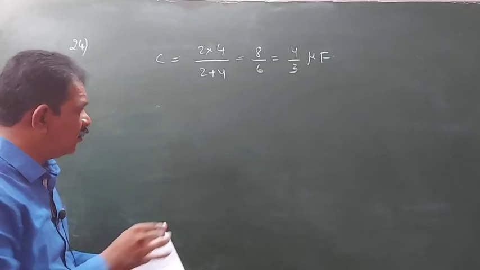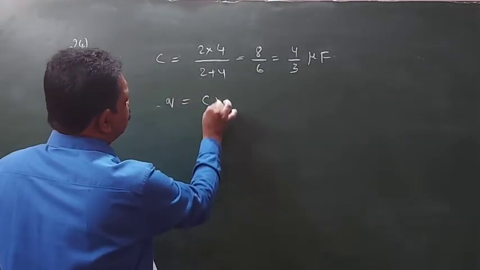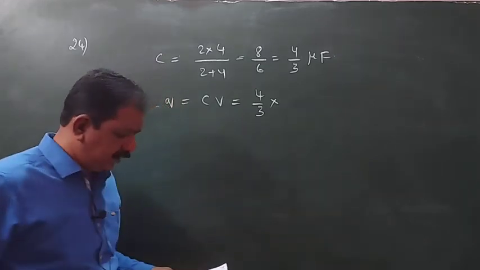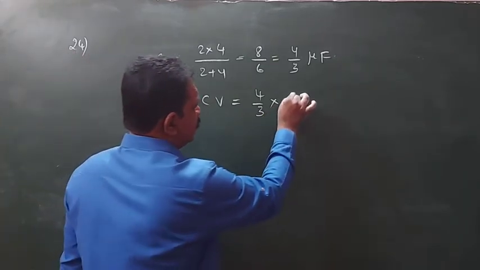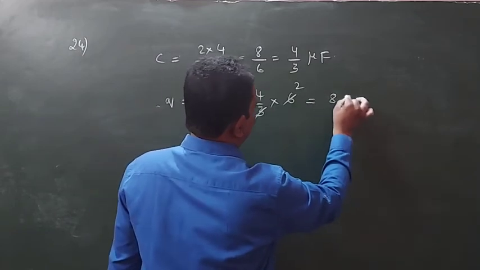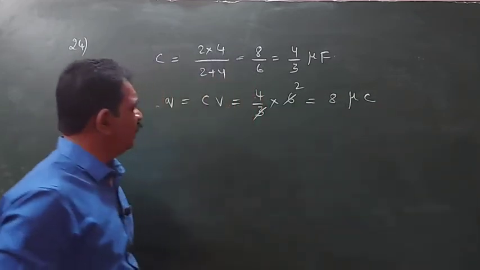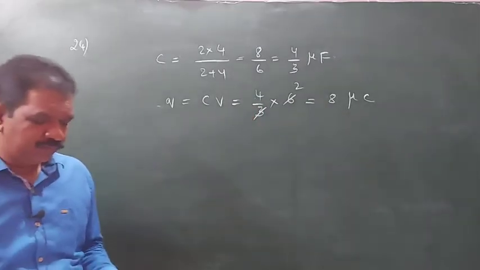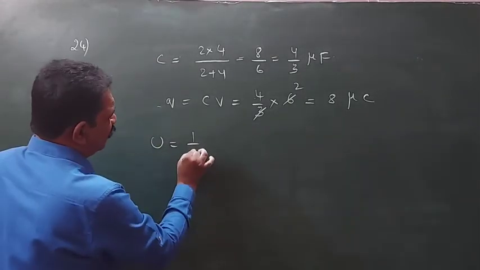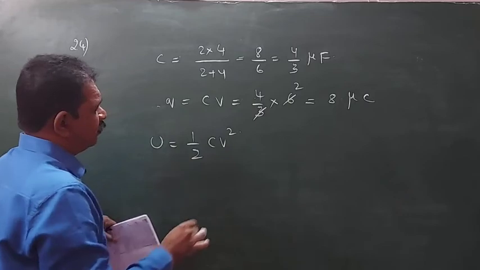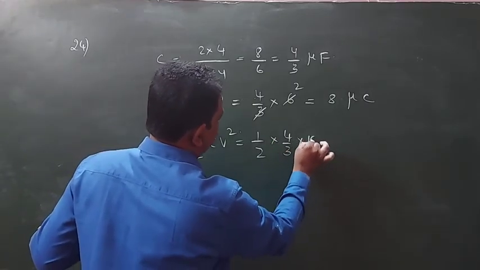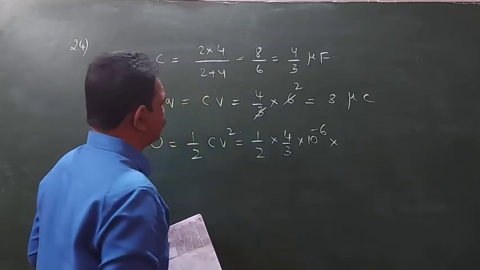Then charge is how much? Q is equal to C into V. 4 by 3. V value is 6 volt. 3 2s 4 will cancel. 4 2s are 8. 8 microcoulomb charge. Energy how much? 1 by 2 CV square. 1 by 2. C value 4 by 3 into 10 power minus 6.